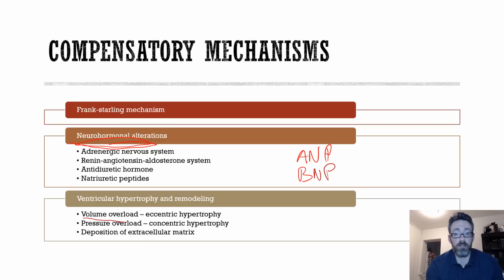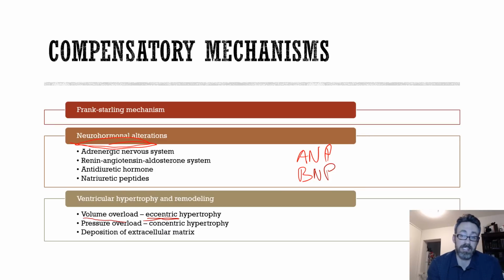Now, if it's due to the volume overload, the hypertrophic changes in the heart are referred to as eccentric. Eccentric hypertrophy basically means that the chamber is going to get larger. Okay, so you're going to get a larger chamber relative to the increase in thickness of the wall. So the thickness will increase a little bit, but it's relatively more of a larger increase in the ventricular chamber size.